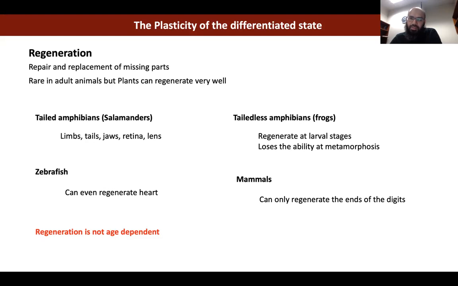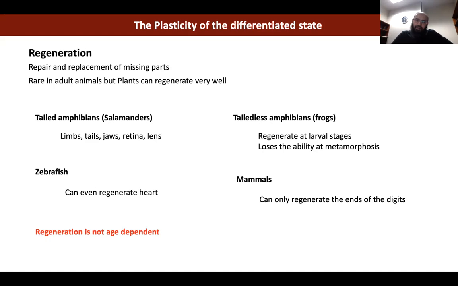We also considered this example of adult newt lens regeneration in the last lecture, where pigmented epithelial cells, after lentectomy, when the lens is surgically removed, de-differentiated and then redifferentiated into lens-making cells. Today we're going to cover a little more about how salamanders can grow their limbs.